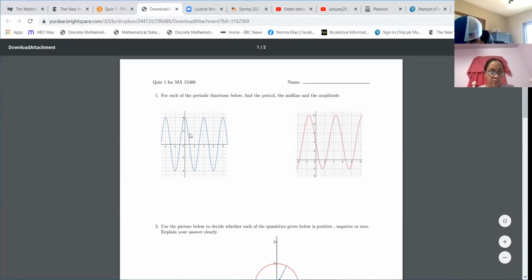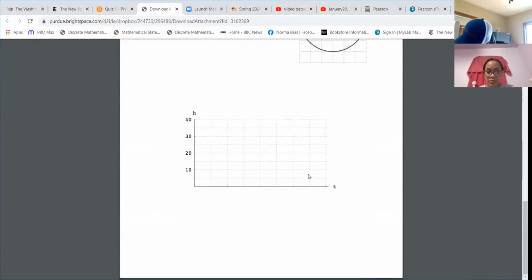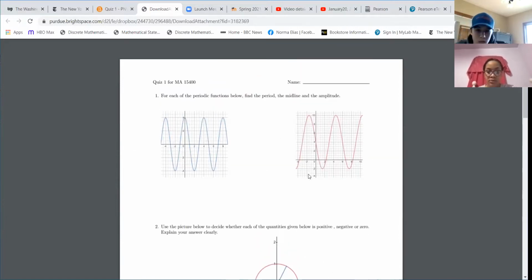The first graph is A. The second graph is B. Write your answers very clearly for all of them. Once you're done, upload it into Brightspace as a PDF document, which will be best for me. Get started. When you're done, you leave.